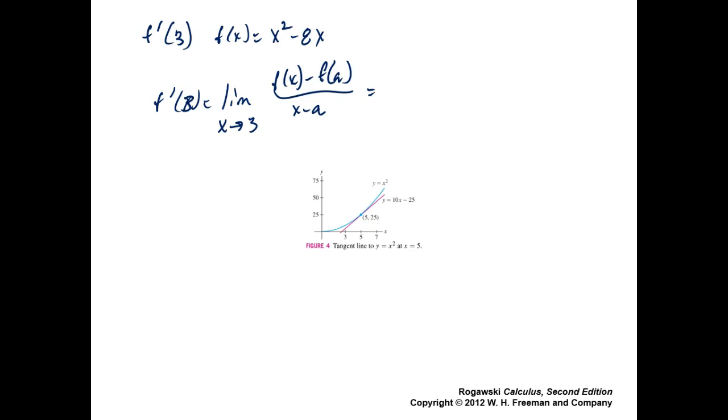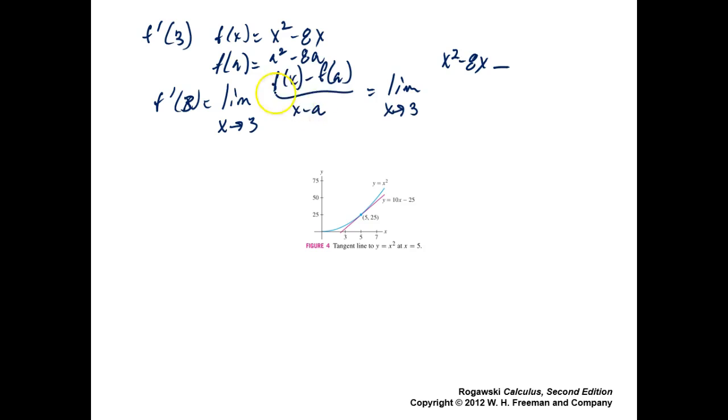3. Okay, so that's going to be the limit as x approaches 3 of f of x. We know what f of x is. x squared minus 8x minus f of a. Well, what is f of a? f of a is a squared minus 8a.